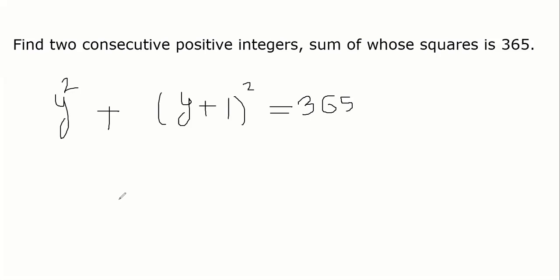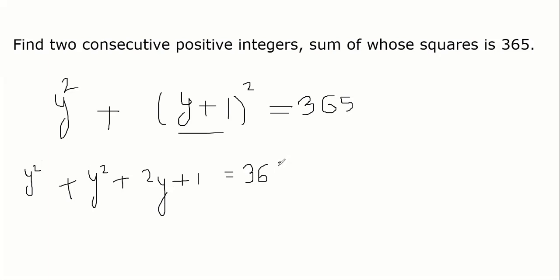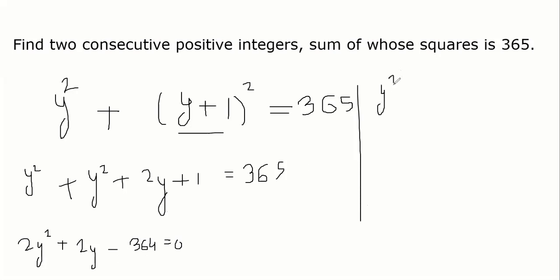So what quadratic will be formed? y squared plus, opening this, y squared plus 2y plus 1 equal to 365, right everybody? So what do I get? 2y squared plus 2y, 365 comes to the left side so it becomes 364, equal to 0. Now my piece of advice is to make it simple. Taking 2 common and dividing, my equation becomes y squared plus y minus 182. I divide by 2 so that my equation becomes simple.